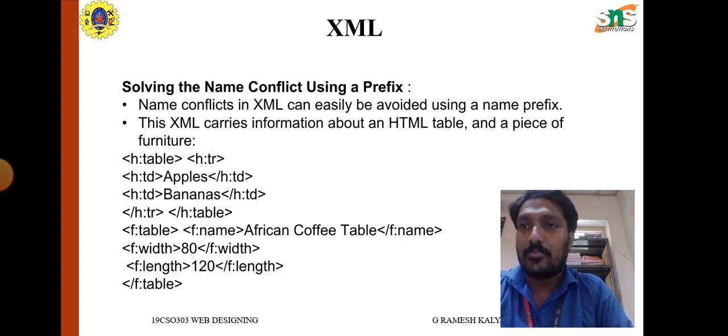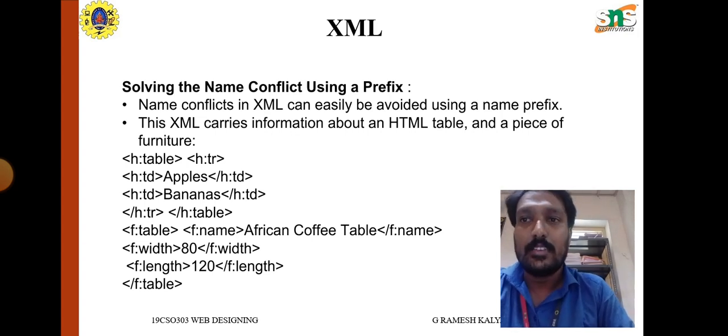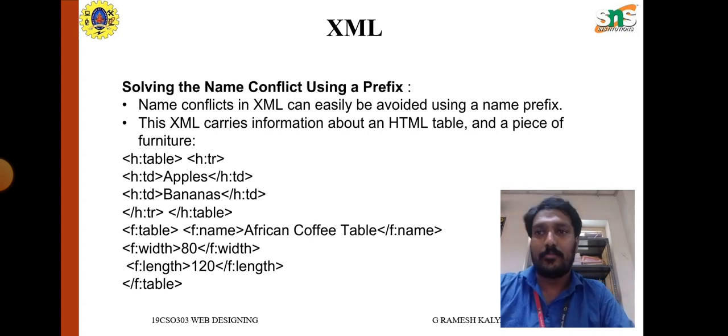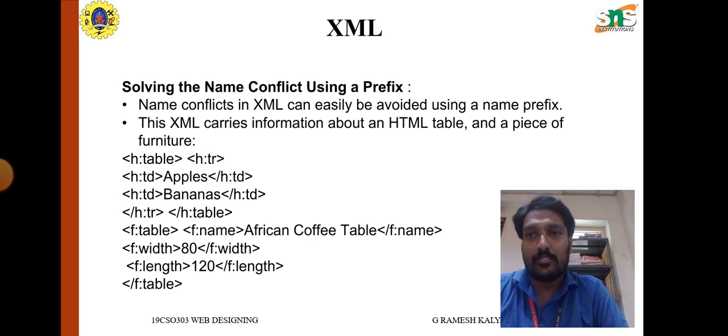To resolve this conflict, we use a method in which a prefix is added to all the elements in the tables, so that each table is differentiated by a particular prefix. Here we are using two prefixes, namely h for the first table and f for the second table.